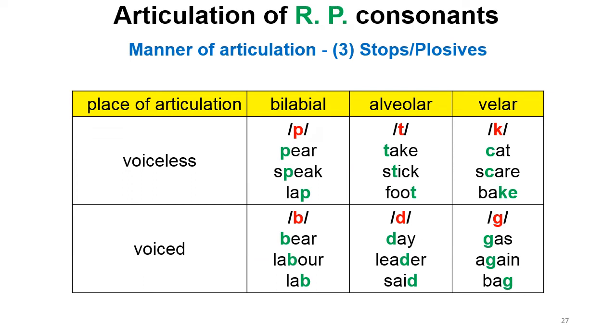Here's a table of the English plosives or the English stops. We have 2 bilabial stops, p, which is voiceless, and b, which is voiced. 2 alveolar stops, voiceless t and voiced d, and 2 velar plosives, voiceless k and voiced g. And examples.